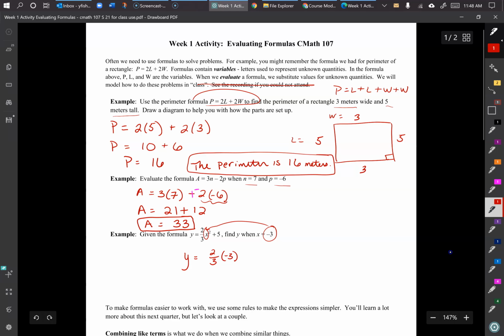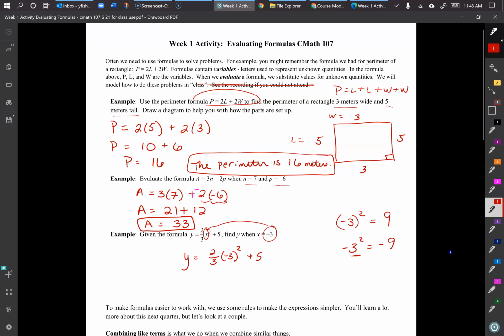Even if you didn't have a coefficient there, you should use parentheses, because very different things happen when we have negative 3 all squared, with the negative included, that's going to be a positive 9. But if I just wrote it without parentheses, that actually equals negative 9, because I would do my exponent first, then tack on the negative. Okay, so that's just a little note to be aware of.